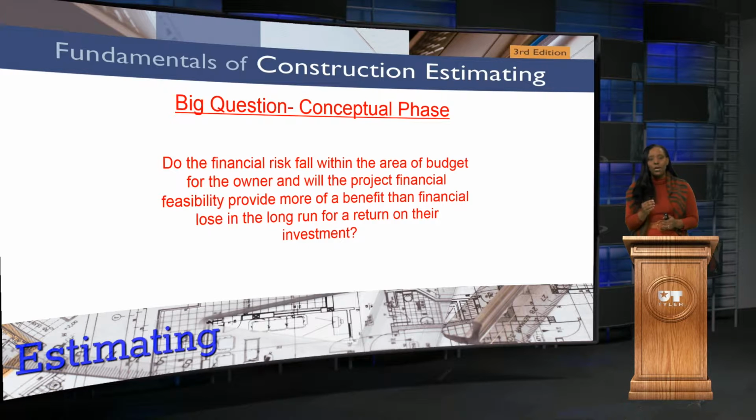And one of the key questions that you're going to ask at this stage is, do the financial risks fall within the area of budget for the owner, and will the project's financial feasibility provide more of a benefit than a financial loss in the long run? And really what you're looking at is that overall return on their investment. And when we say their investment, we're talking about the client at the end of the day.